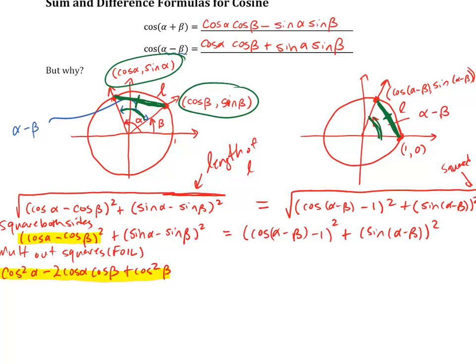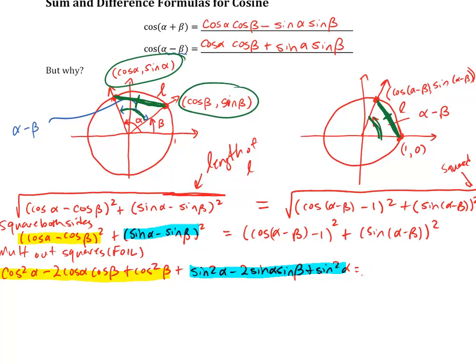Now, do the next one. Plus sine squared alpha minus 2 sine alpha sine beta plus sine squared of alpha. So all of this became all of this. And then do the same thing on the right hand side. Equals.